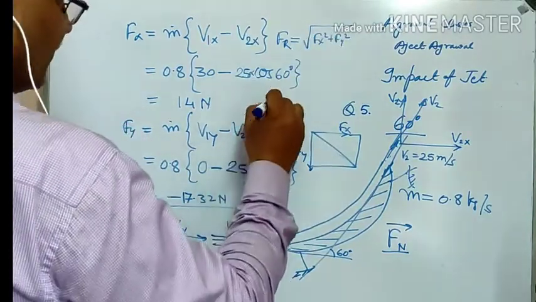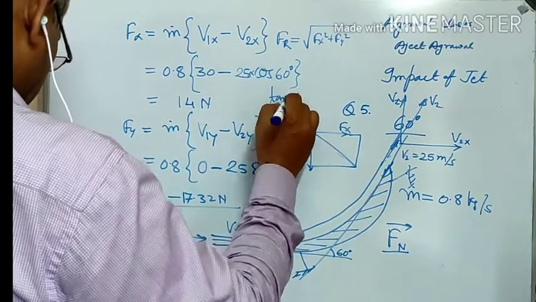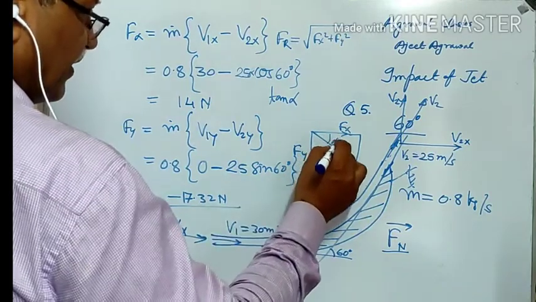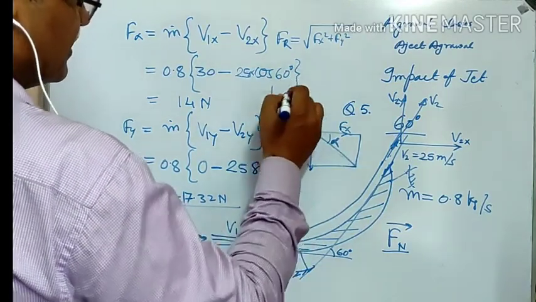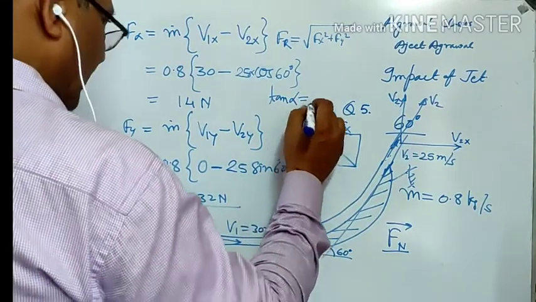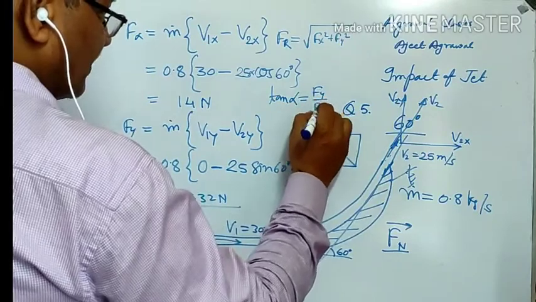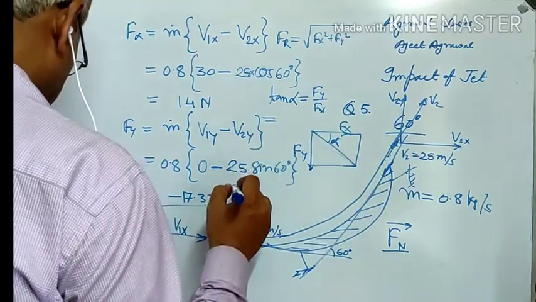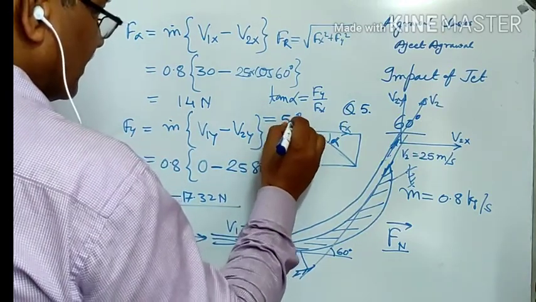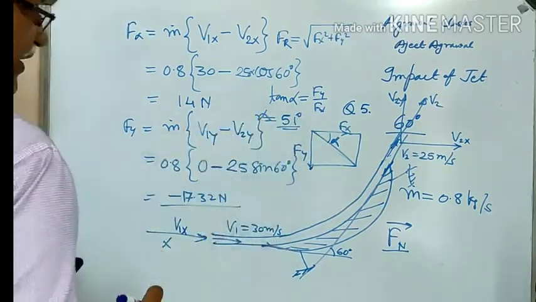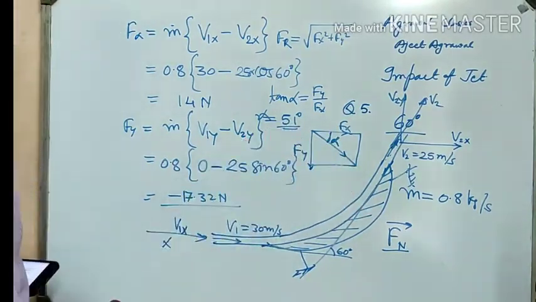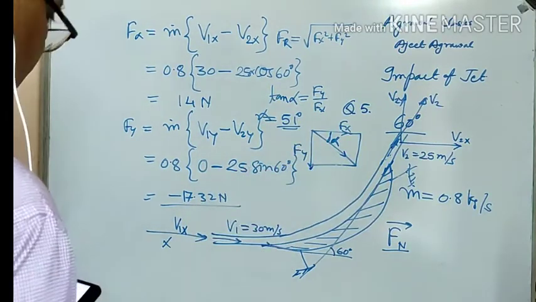And for tan alpha, if we say alpha is this angle made with the x-axis, then tan alpha is equal to Fy upon Fx. Substituting the values, it comes out to be 51 degrees. Alpha equals 51 degrees in this downward direction. The angle is coming out to be minus 51, so it is this angle.